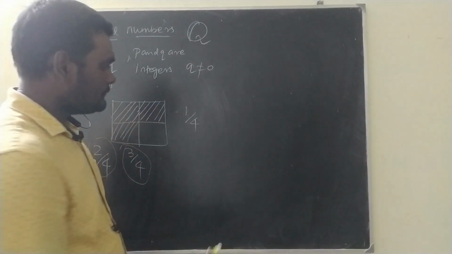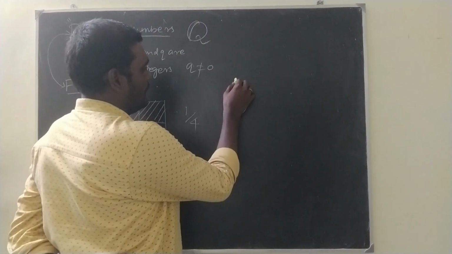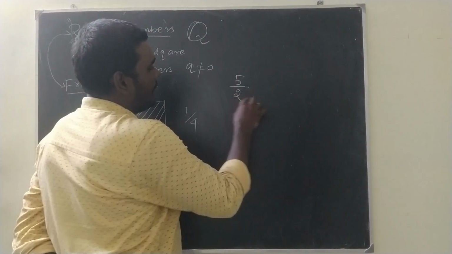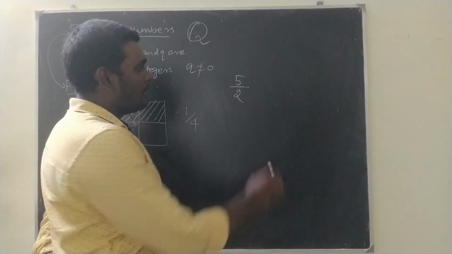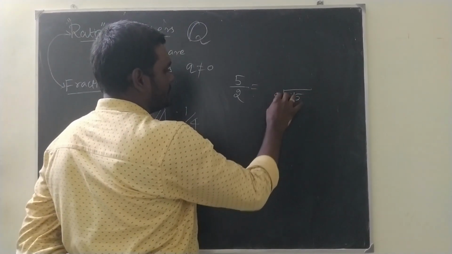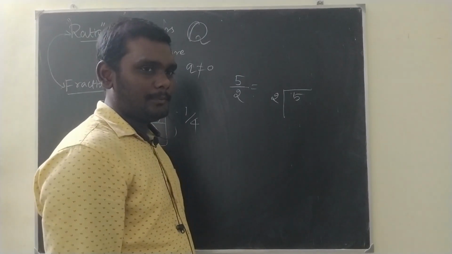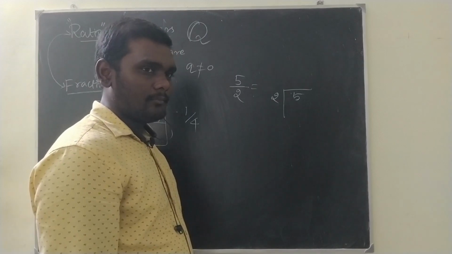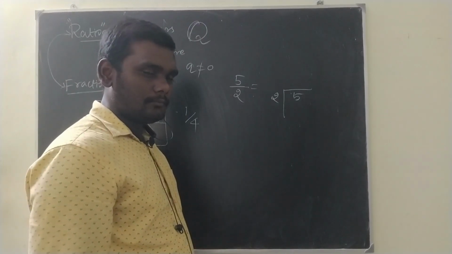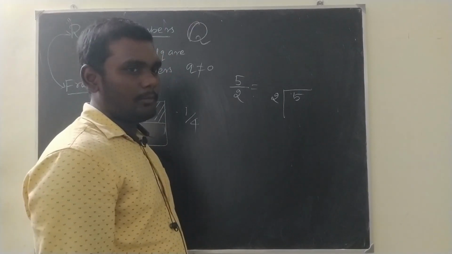Because when we divide numbers, like 5 by 2, what is the value of this? Do you know division? Then say, what is 5 by 2?